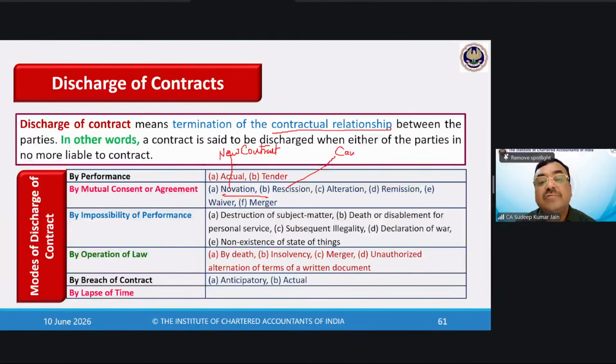Recession, cancellation, alteration, change of terms, remission, discount in performance, waiver, 100% discount, totally discount, merger, merging of inferior liability with superior contract.